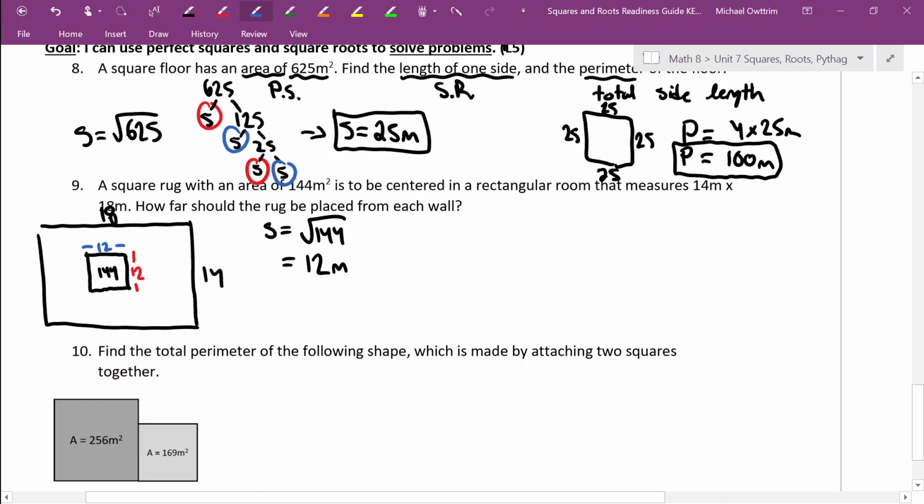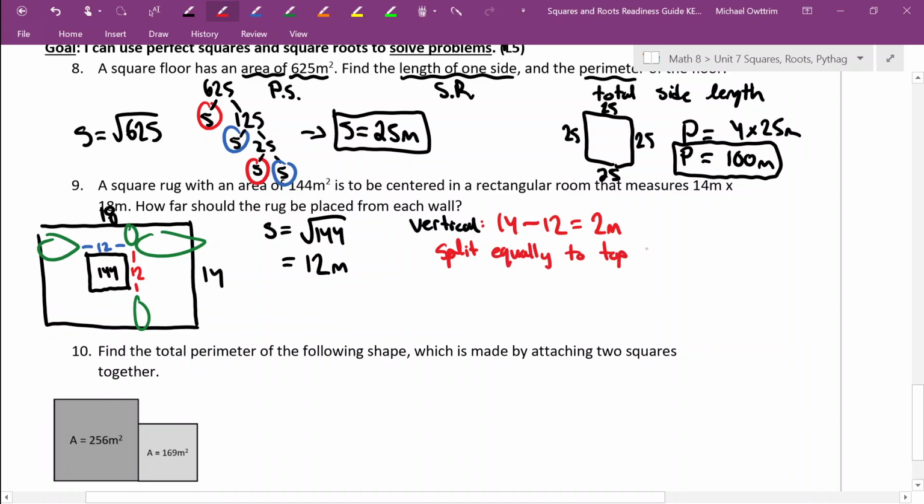Okay, so in order for that to be centered, we want an equal distance on either side of the rug in both dimensions. So if we think about our vertical in our drawing, which is in red, our extra distance is going to be the 14 of the room, take away the 12 of the rug, is 2 meters. Then we're going to split equally to top and bottom.